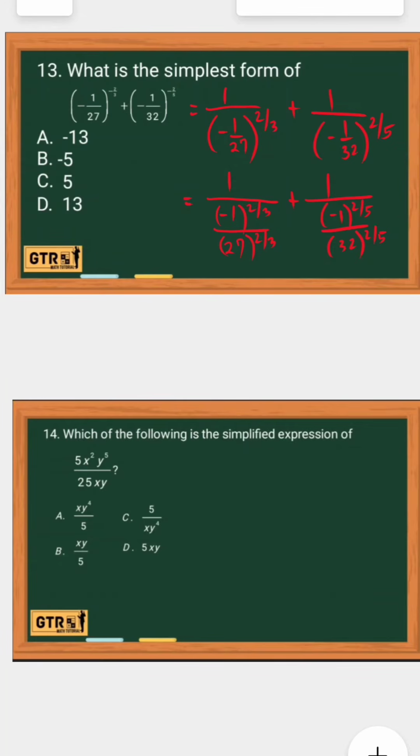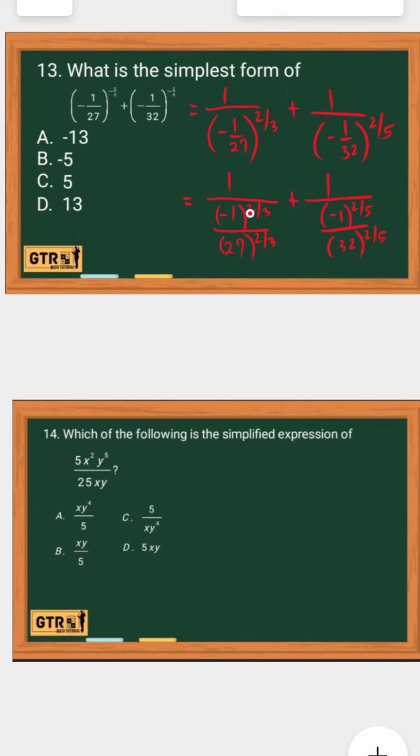Okay, so magkakaroon tayo dito ng radical. Dahil ang ibig sabihin ng rational exponent, di ba, pwede natin i-change sa radical yon. So negative 1 raised to 2/3, so that is equal to cube root of negative 1, and then i-square pa natin. So magiging positive 1 na lang ito.